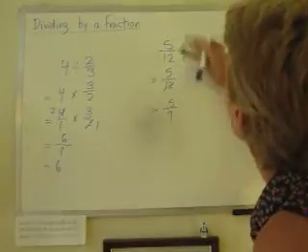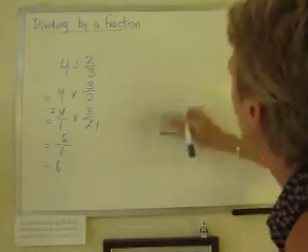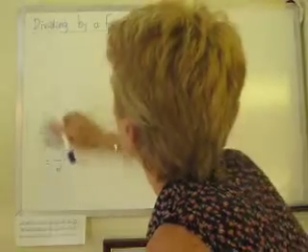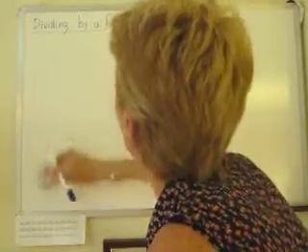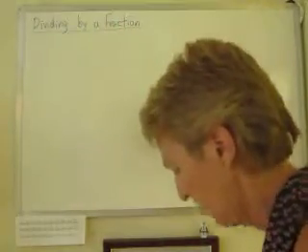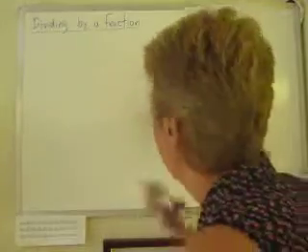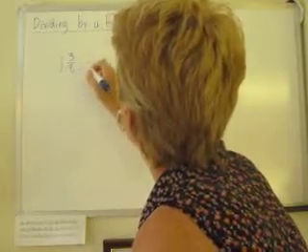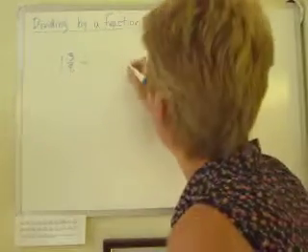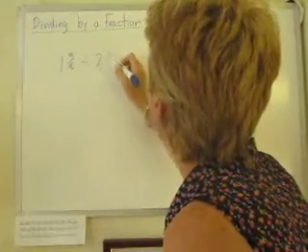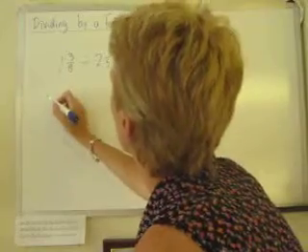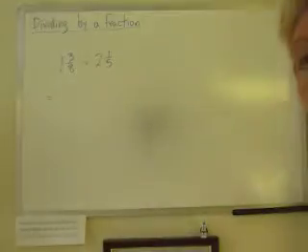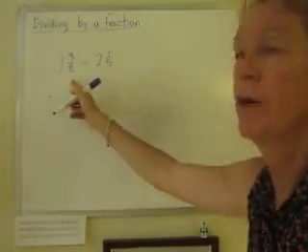Now, what if we have mixed numbers? No problem. Let's do 1 3/8 divided by 2 1/5. Mixed numbers, a whole number and a fraction.